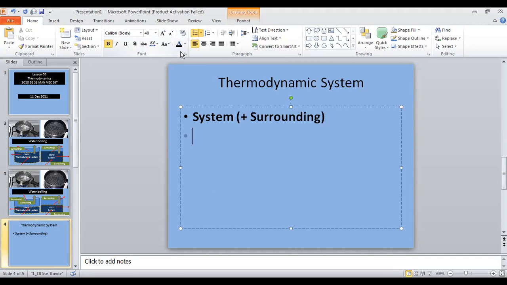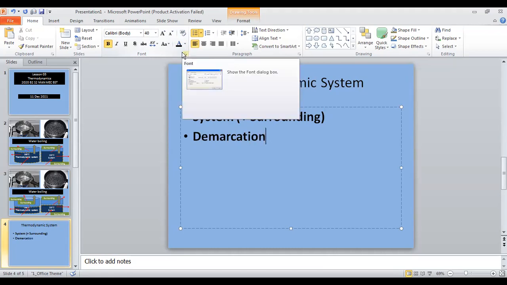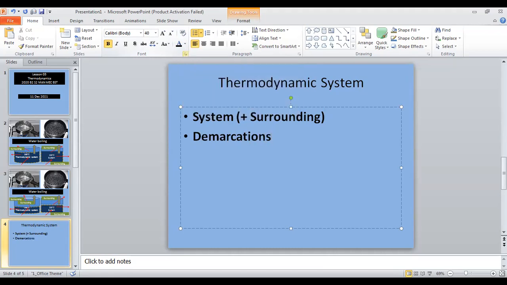So, system and surrounding demarcation. Demarcation between system and surrounding. We call this the system boundary.